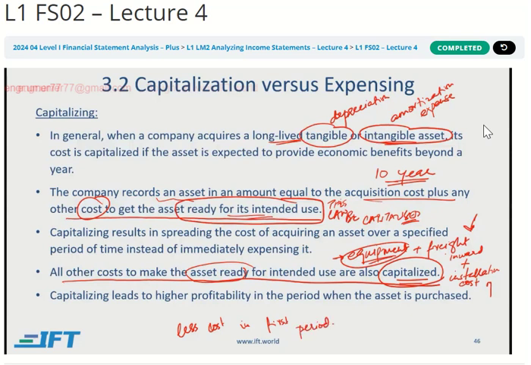So instead of recording all the cost in the first period, they will only record whatever is the first year's depreciation, and then the rest will be spread across the useful life. Or if it's an intangible asset, amortization will be spread across. So this will lead to higher profitability in the first period or the period when the asset is purchased.